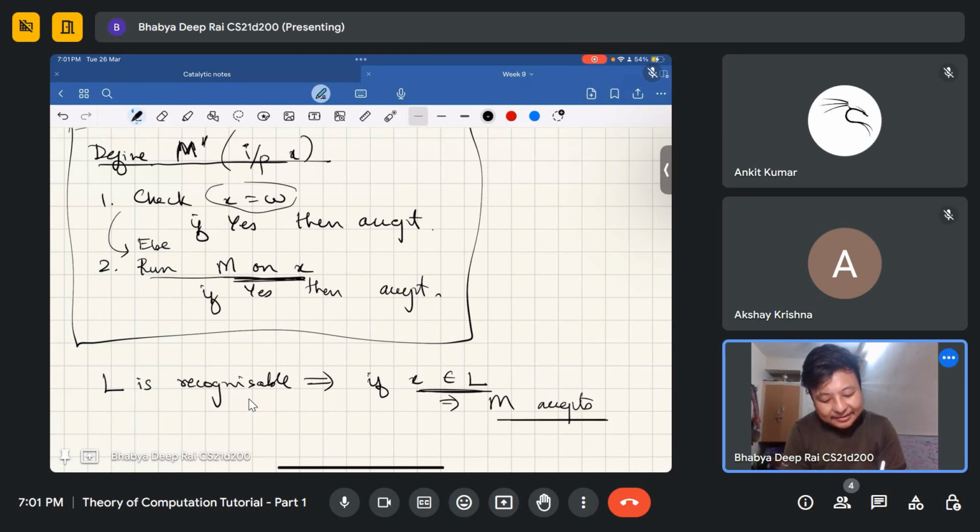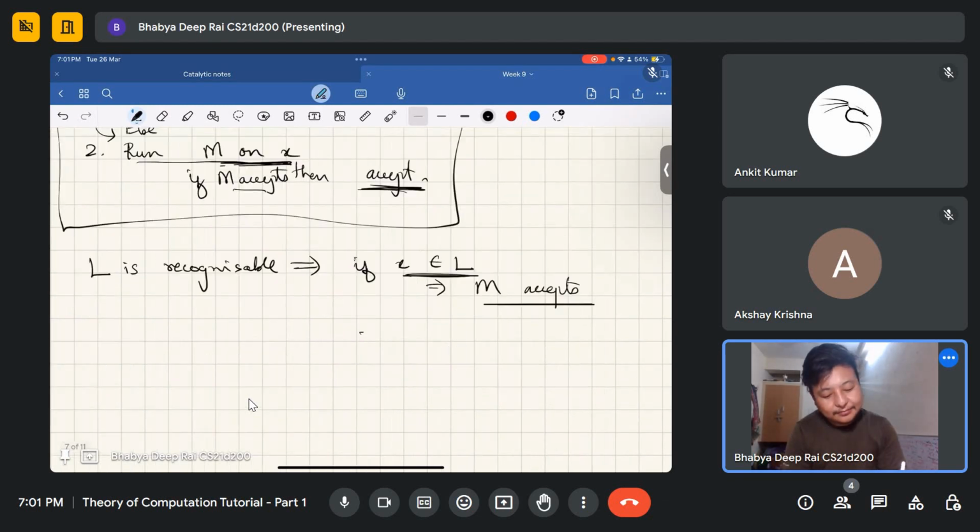If M accepts, then we definitely accept. Then M prime accepts X, which means that X is in the language of M prime.